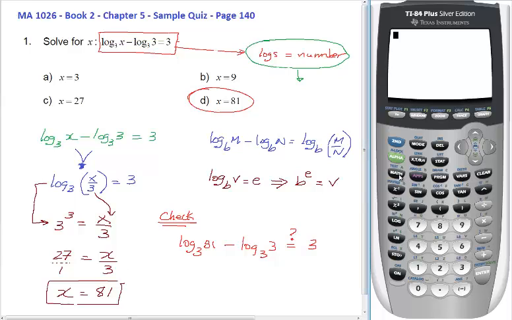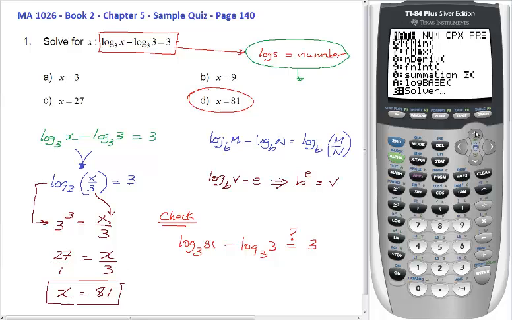On the calculator we go to math, and under math scroll down till you see log base. See that one? Enter. Now put in 3. Use your arrow buttons to go up to the next position and put in 81.